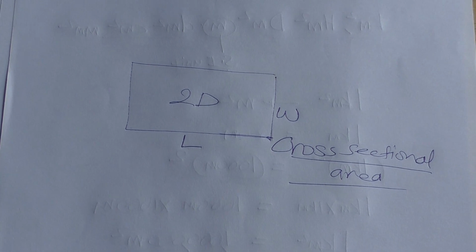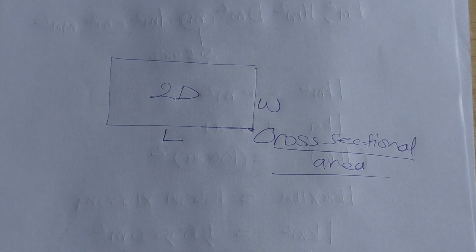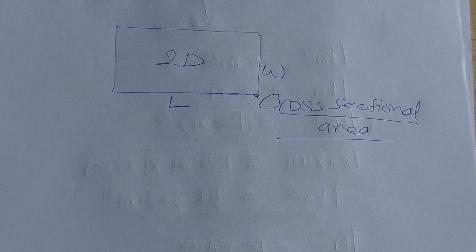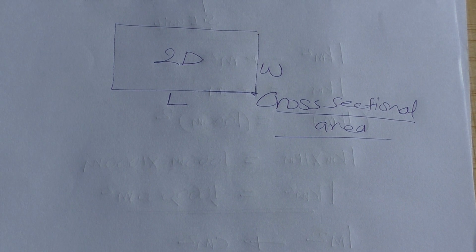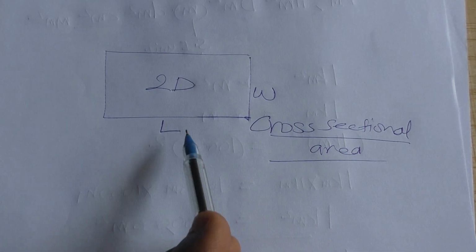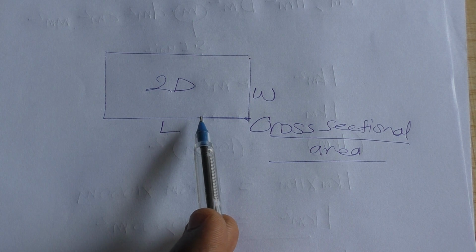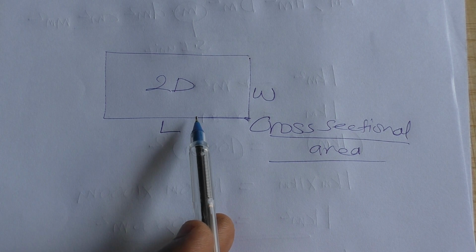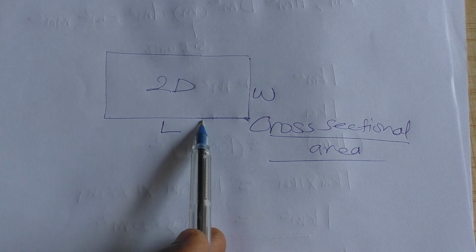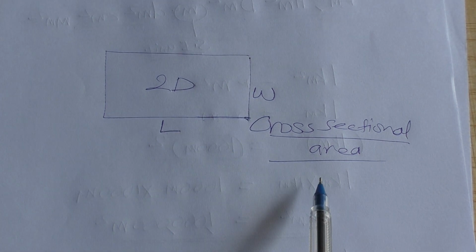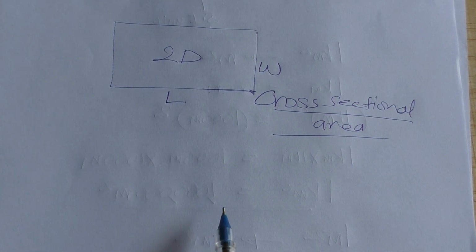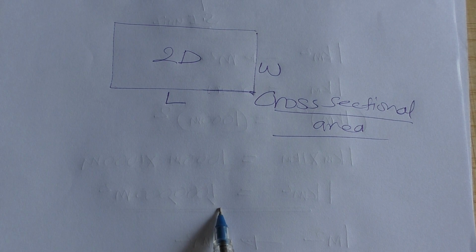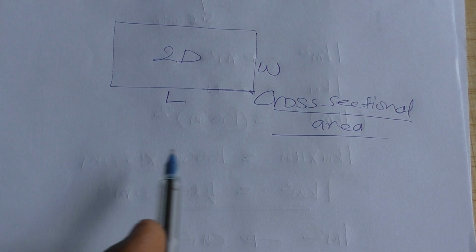So now we have what we call the surface area. Surface area is normally calculated for three-dimensional figures. For instance, let's take this to be a box as viewed from above. When I view a box from above, I will only see the length and the width. I will not see the height. When I view a box from a side, I will see the three dimensions of the box.